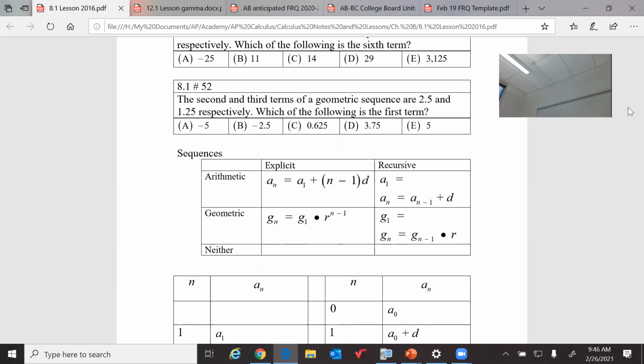If it's arithmetic, we say the first term plus n take away 1 times the constant difference. Now think about that. What does that mean? Look at your knuckles. This is the first term, your first knuckle. Second term, third term, fourth term.